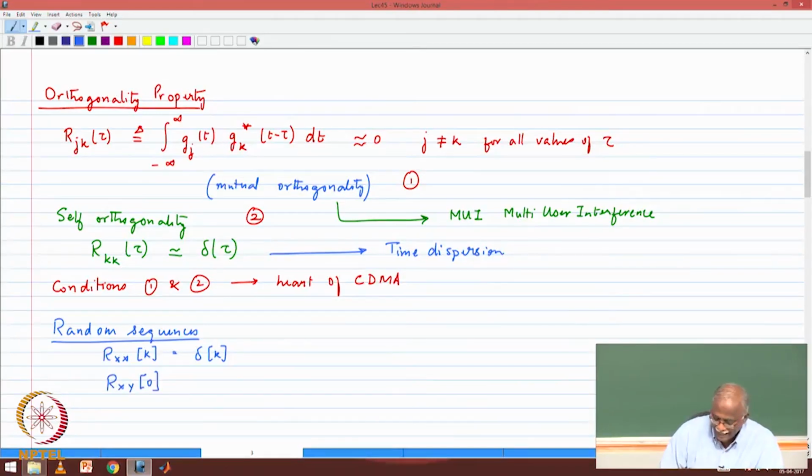R_XY of 0. This we said was a measure of the interference, because that's what comes in when I try to despread my desired signal. I will get a cross correlation between my sequence and the sequence of the interfering signal. So this is a measure of the interference, and we want to keep this quantity in mind, and we did a quick statistical characterization.